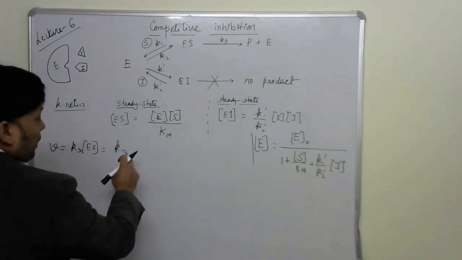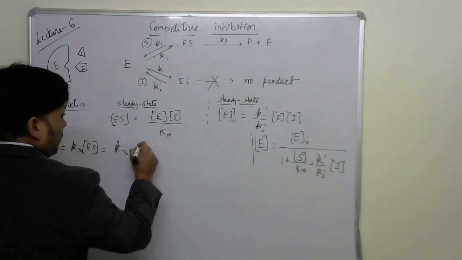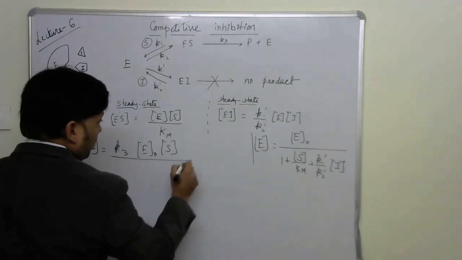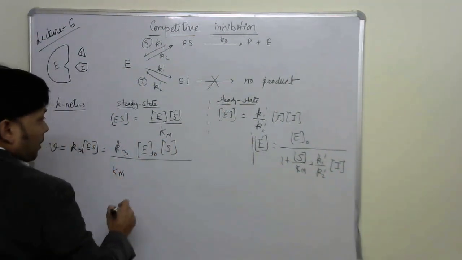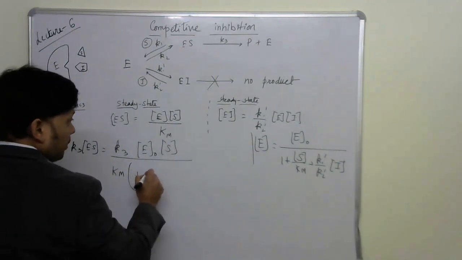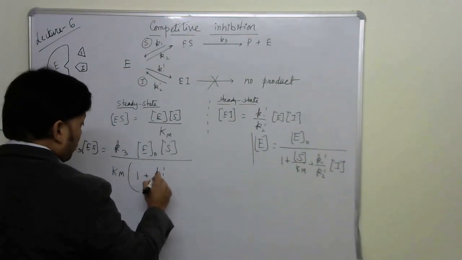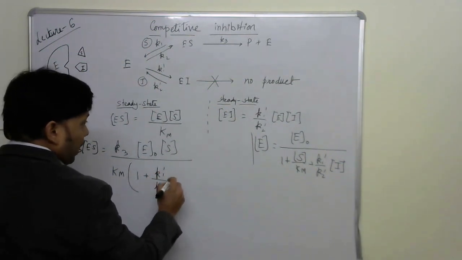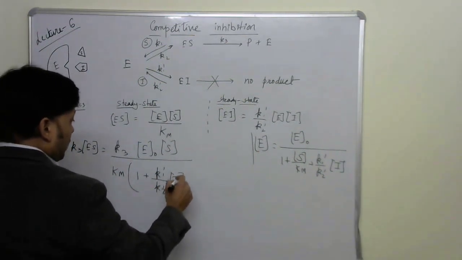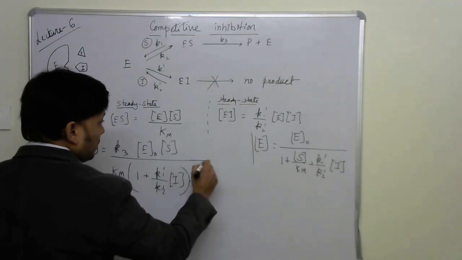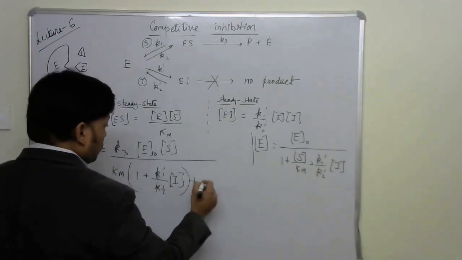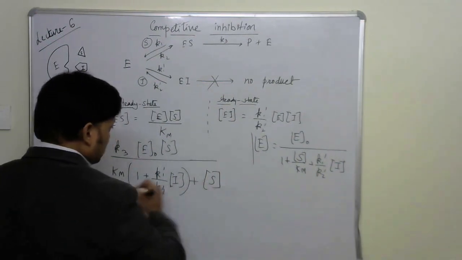Now instead of E we have this equation, okay, E naught multiplied by S divided by Km, okay, multiplied by 1 plus, I'm writing K1 prime divided by K2 prime multiplied by I. Now here I am closing the bracket plus we have Km over here and Km down there. So if we both multiply, it becomes S.